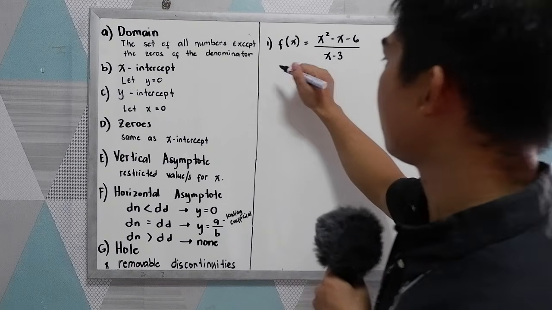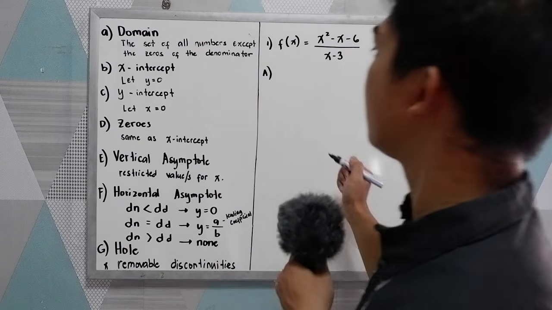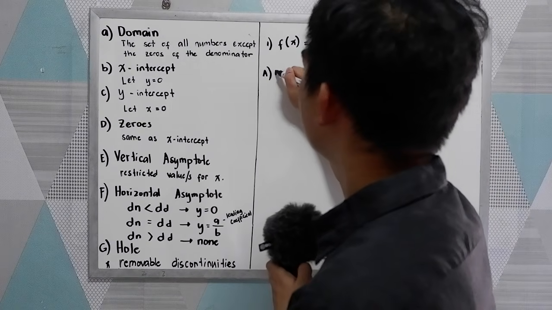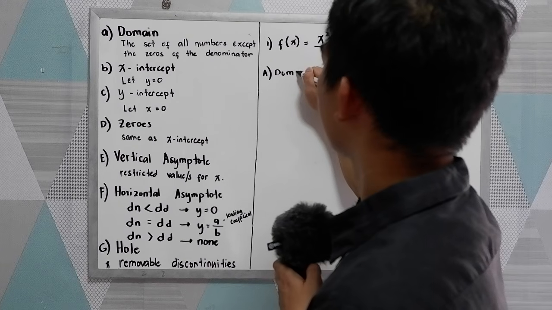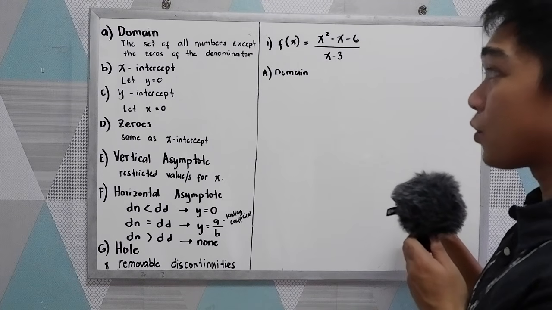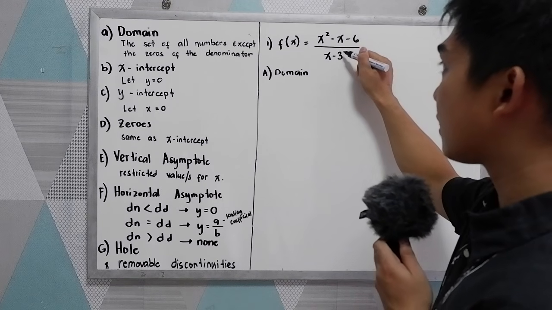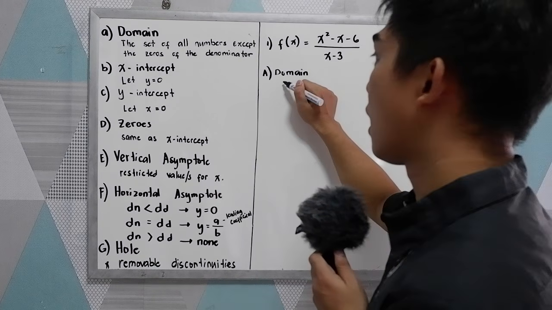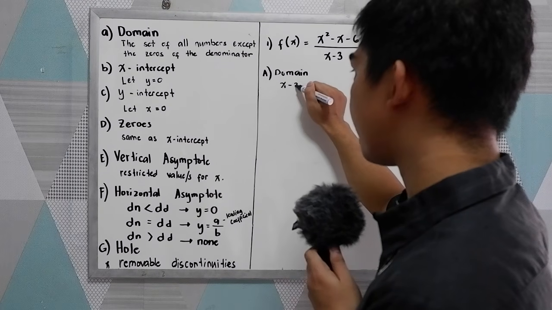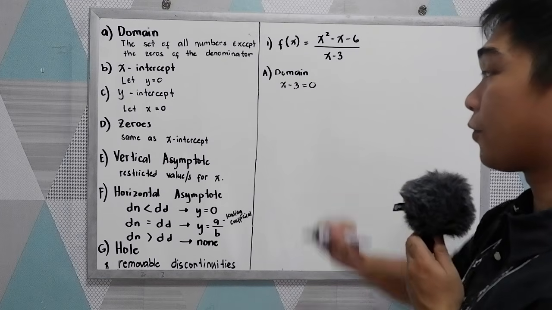So for the domain, let's say A, domain, find the zeros of our denominator. So our denominator here is x minus 3. So copy x minus 3, just equate to 0. So solve for x.